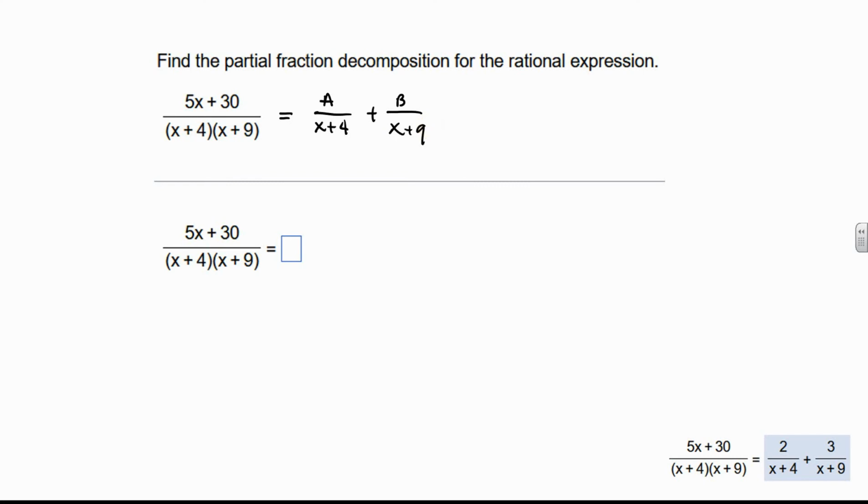So that's the first step. The second step is we're going to multiply everything by the least common denominator. Step number 2: multiply both sides by the LCD, which is the denominator on the left side. It's already set up for you, right?